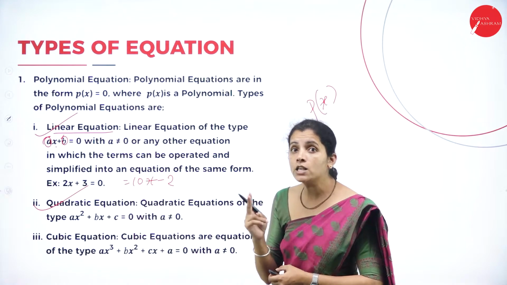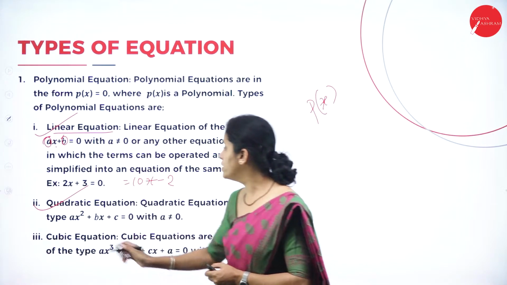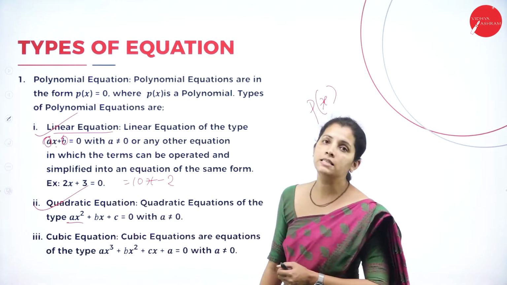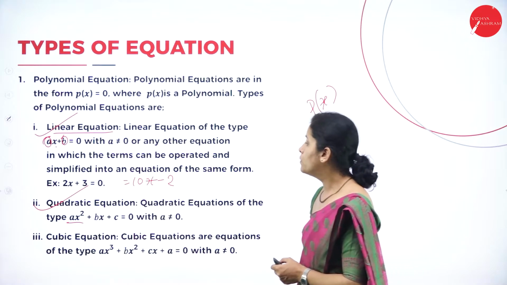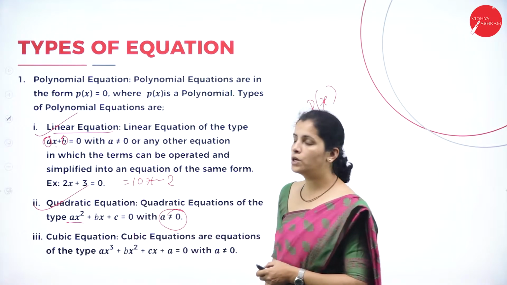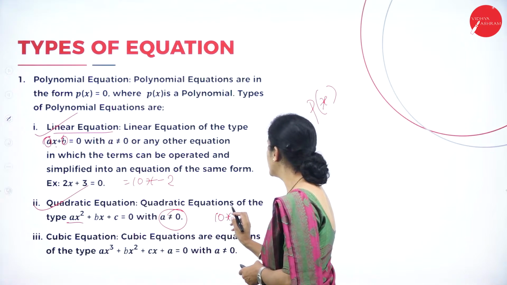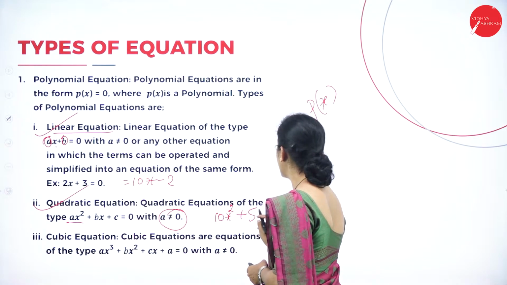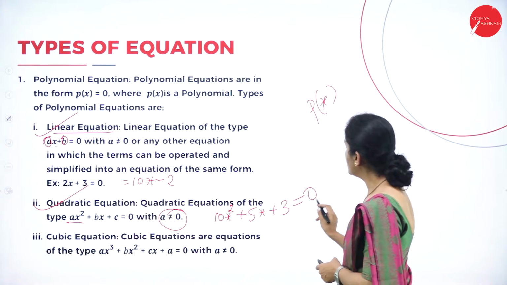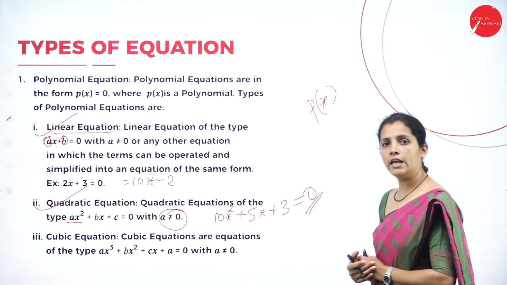The equation in the form ax square plus bx plus c equal to 0, where a is always not equal to 0. Example, 10x square plus 5x plus 3 equal to 0. This kind of equations are called quadratic equations.